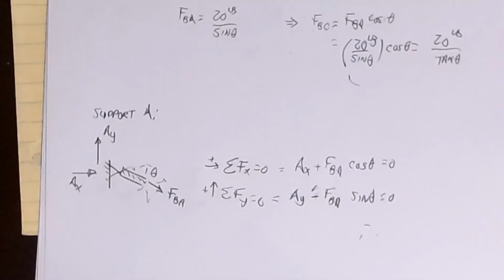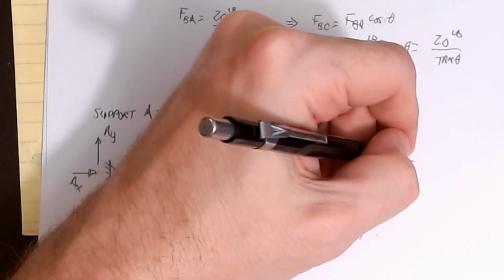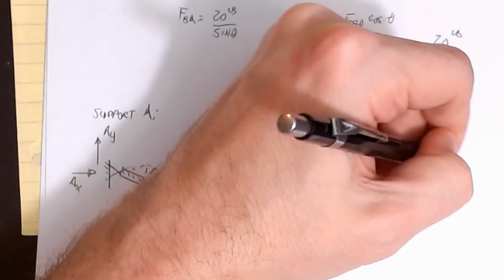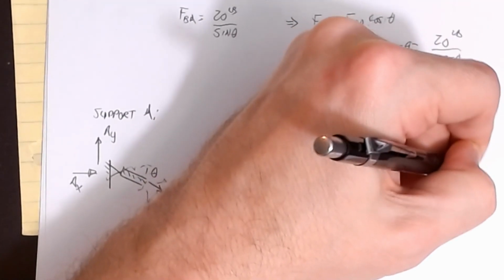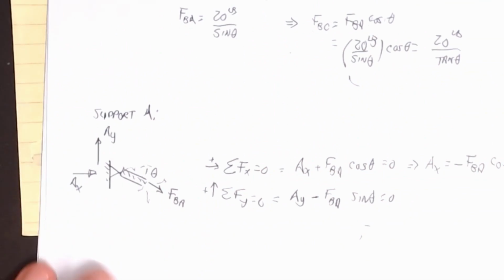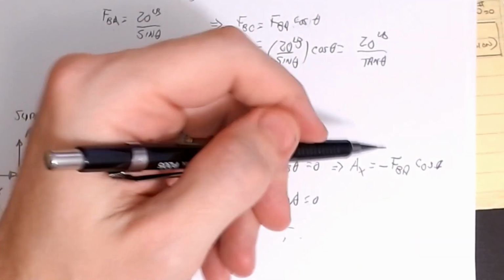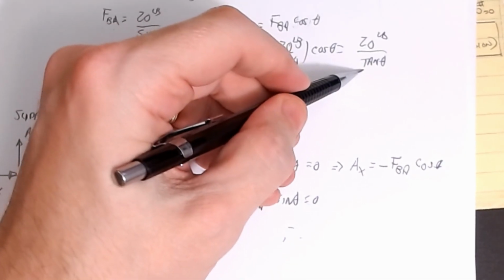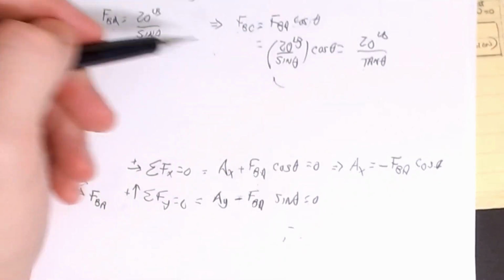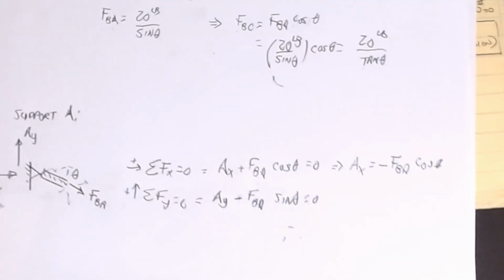All right, and so since I know FBA from up here, I can now solve for AX. And something interesting happens here. AX is going to be equal to a minus FBA cosine of theta. Okay, and so if we look at this expression, for positive values of the angle, FBA is going to be a positive value always.